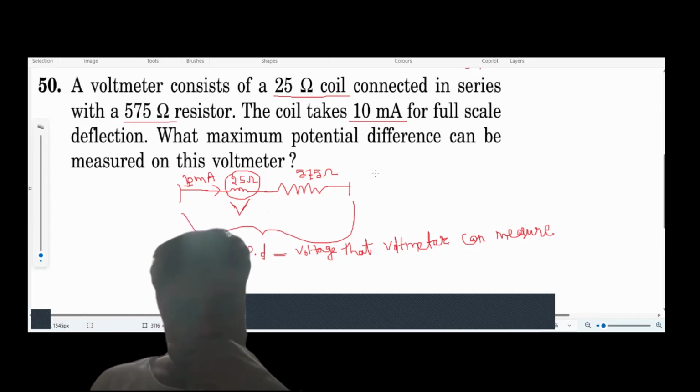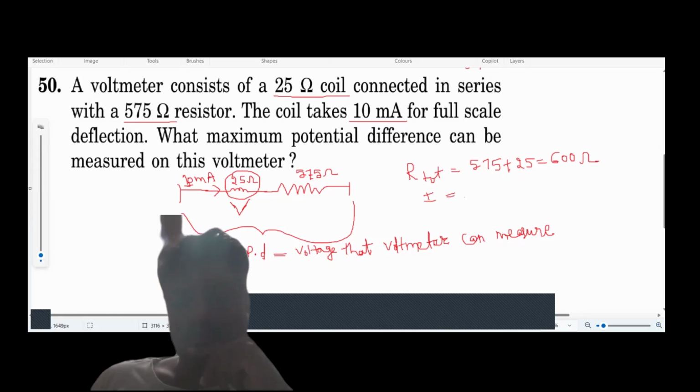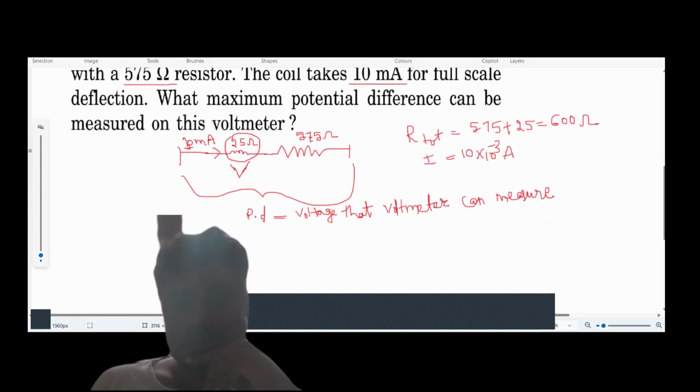So let's find the R total of this branch, 575 plus 25, that is 600 ohm. As these two resistors are connected in series, the same current flows through them, 10 into 10 power minus 3 amp.